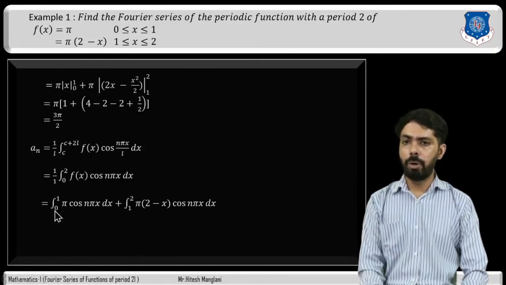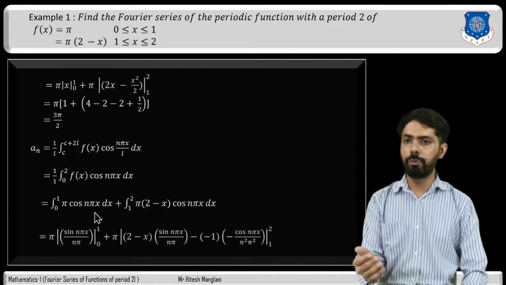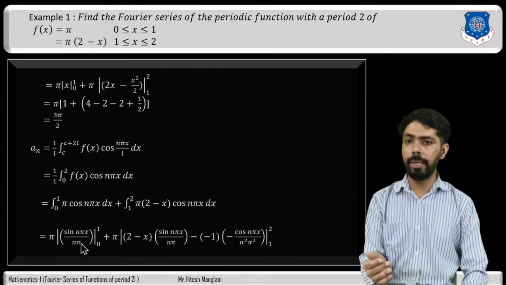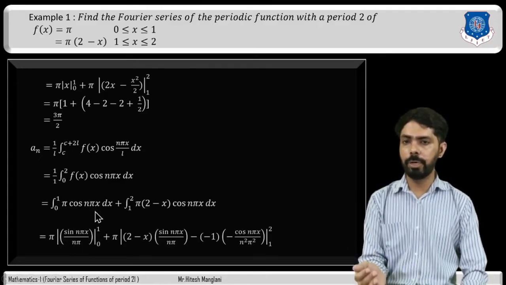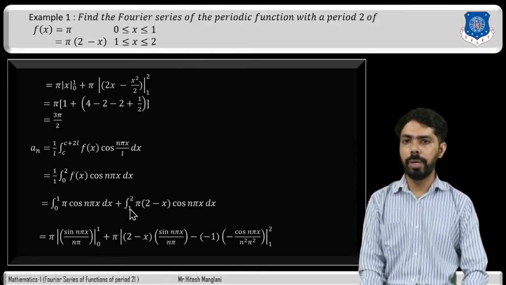Now here pi will be constant and integration of cos theta is sin theta. Therefore pi will be as it is and integration of cos n pi x will be sin n pi x divided by n pi, because the coefficient of x is n pi, and the limit will be from 0 to 1. Plus pi will be constant and here there are two functions.